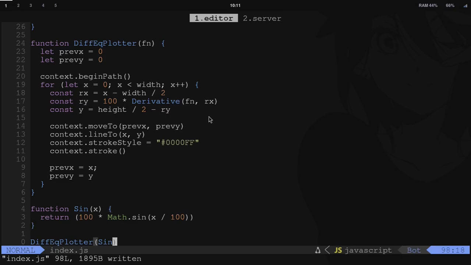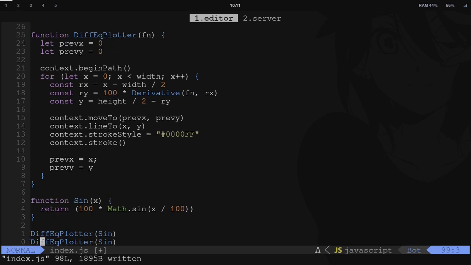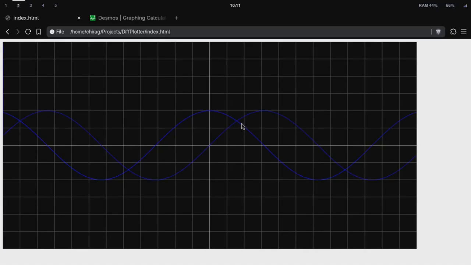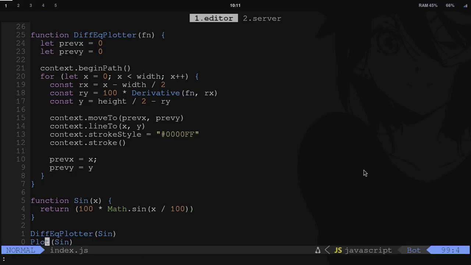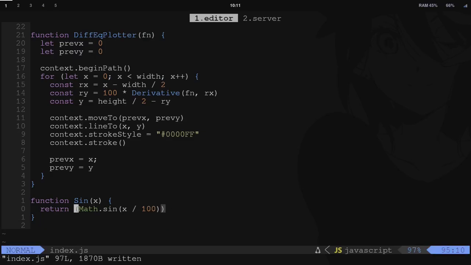So if I plot the differentiation of sine and just go with plot sine, we should see something similar. See, we saw it. So what it means actually is that for any equation, this thing doesn't account for the multiplication factor.